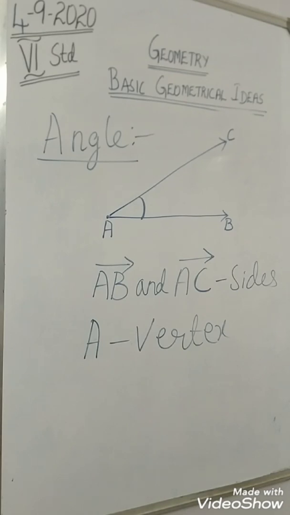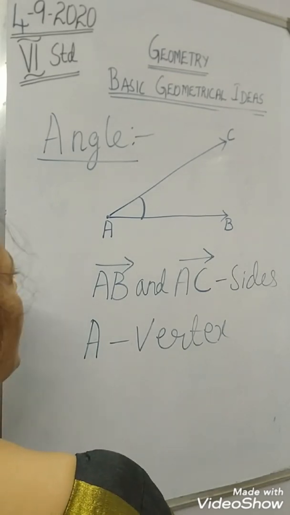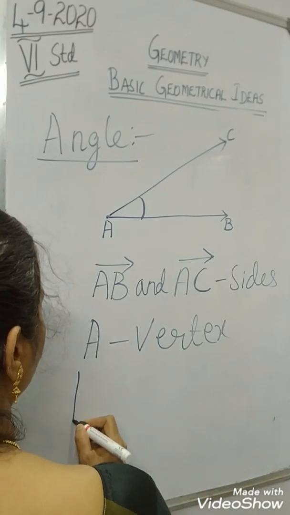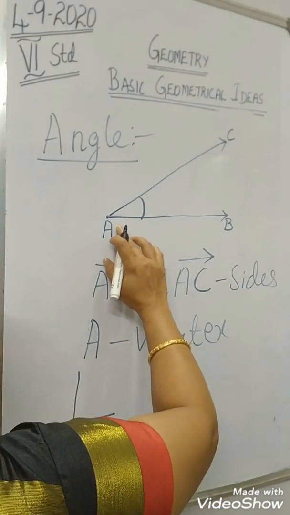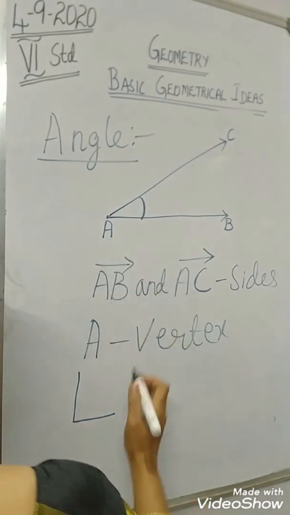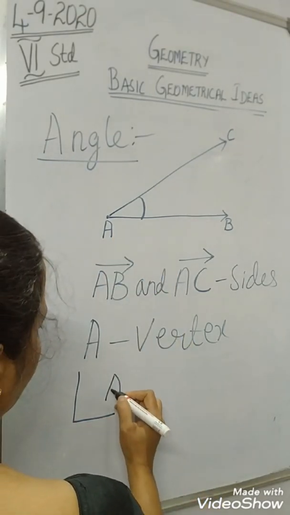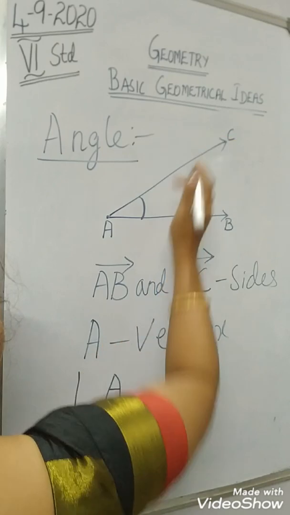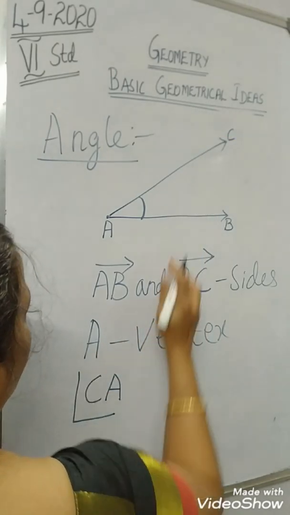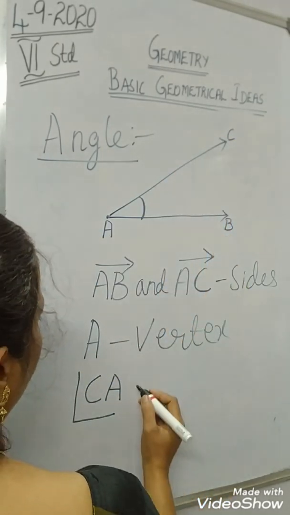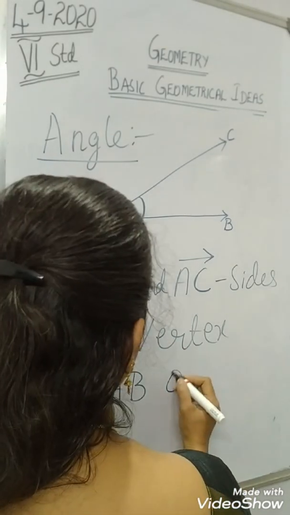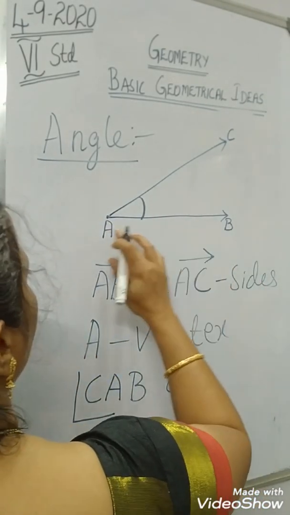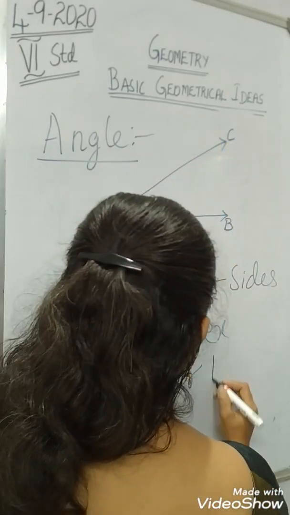Okay. Now, how will you represent angle? This is the symbol for angle. Okay. An angle is formed. Where is it formed? At A. Is it or not? So, A will be in the center. From where it starts? It starts from C. CAB is an angle formed here. Yes? Or we can write it in another way also. We can tell it as BAC also.